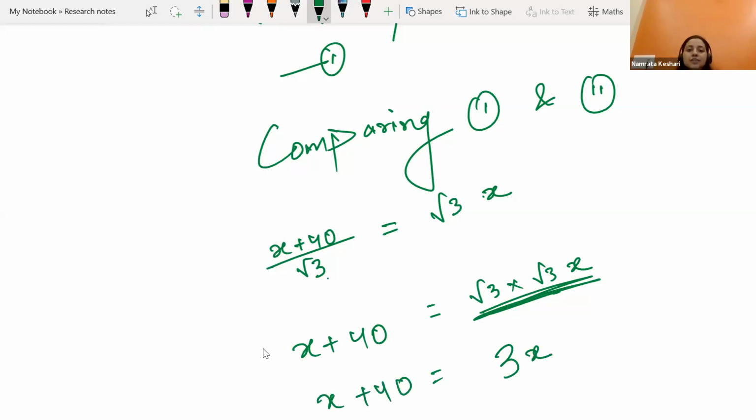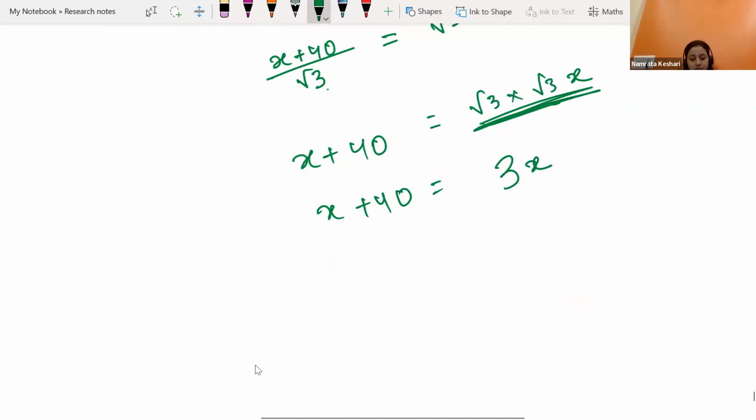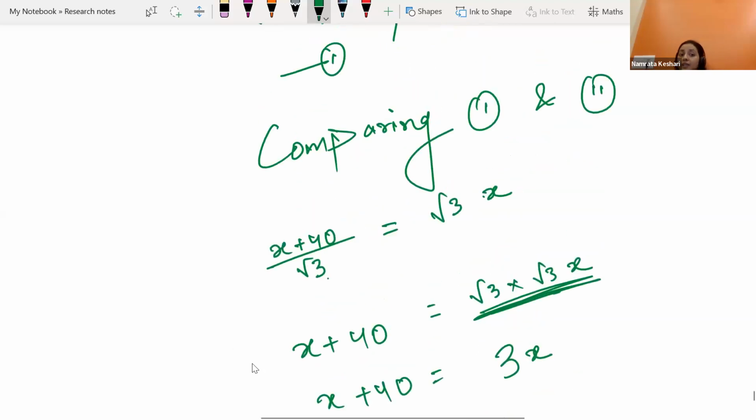Please quickly solve it and tell me the value of x from here. x is 20. Everyone is getting the same. x is 20.